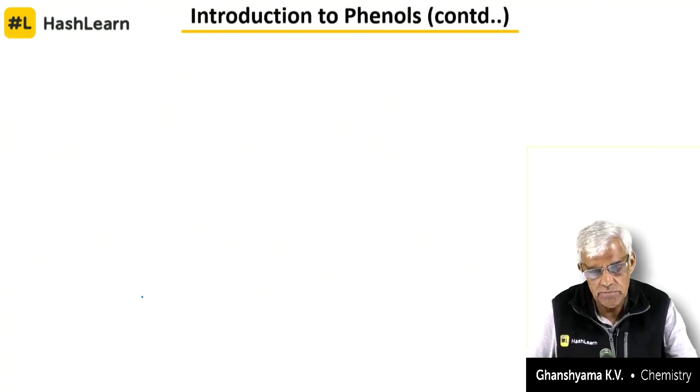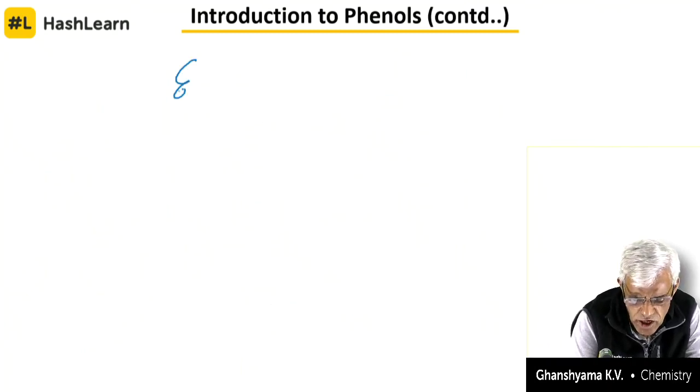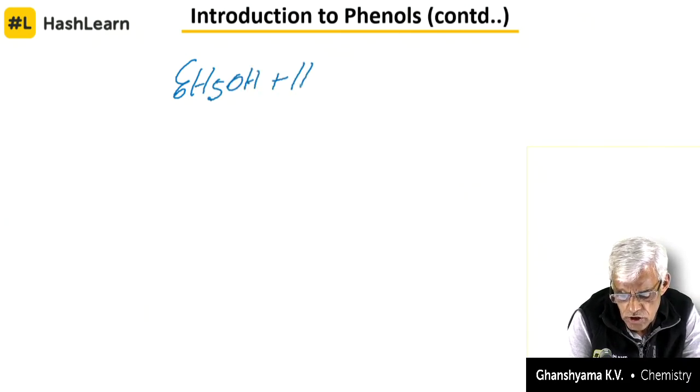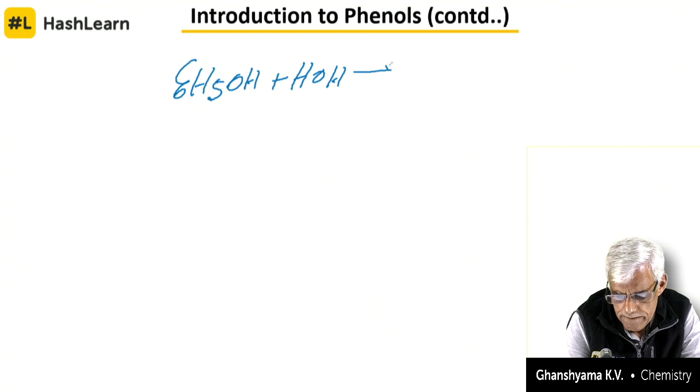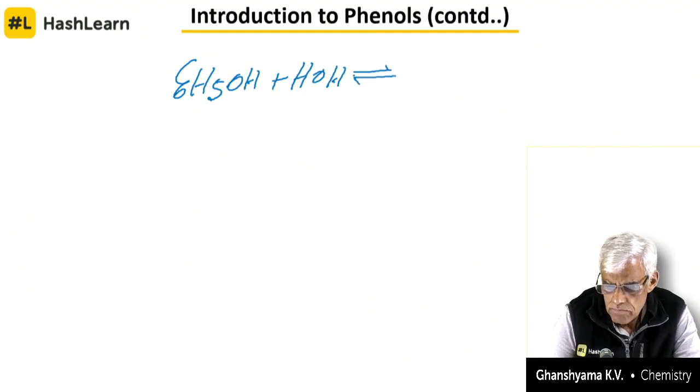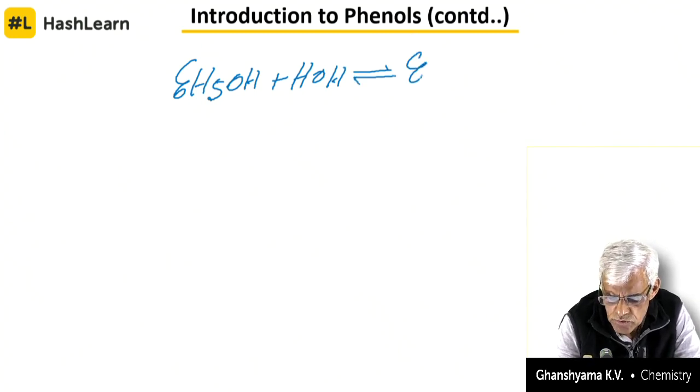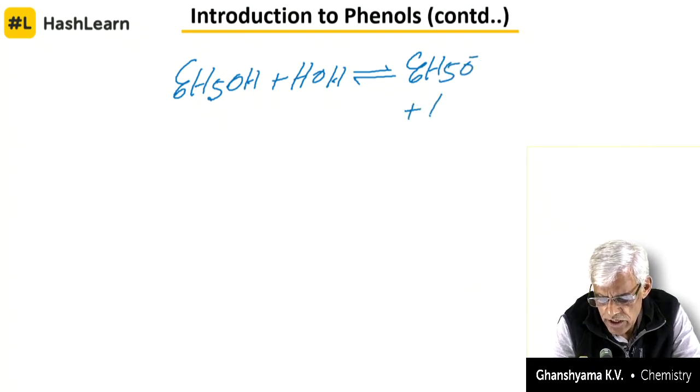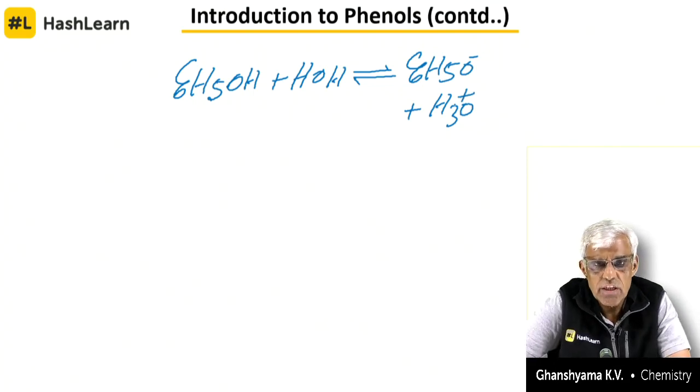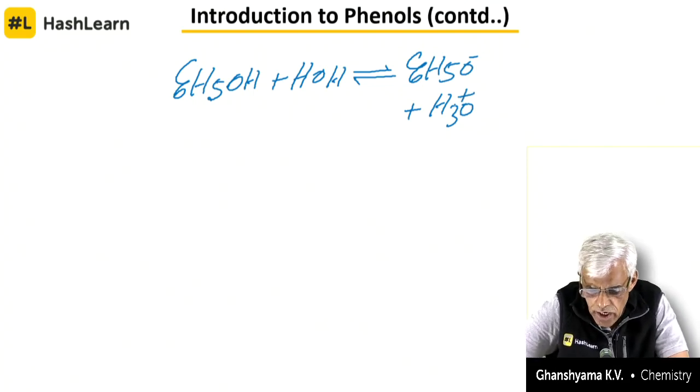Okay, the next one. When phenol is dissolved in water, it is an acid, proton donor, it becomes C6H5O minus and H3O plus. C6H5O minus, phenoxide ion and hydronium ion.